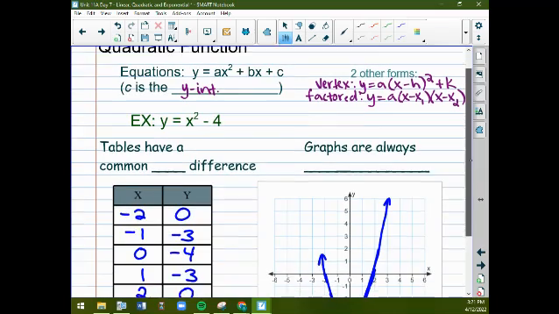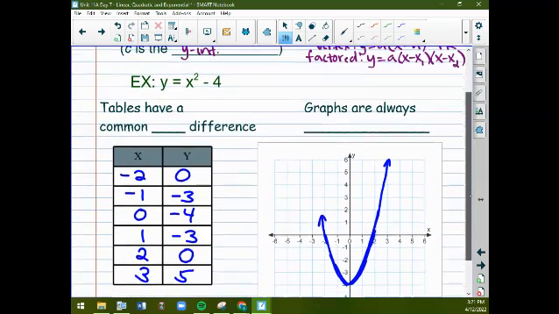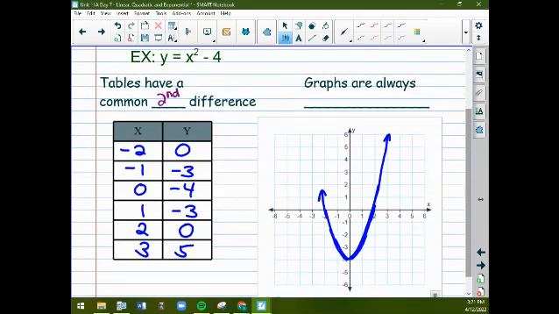For this example, I've got y equals x squared minus 4. Quadratic equations have a common second difference. So when I look at my y values and what's happening, from 0 to -3, I'm subtracting 3.